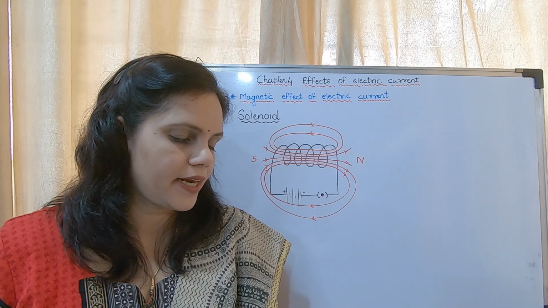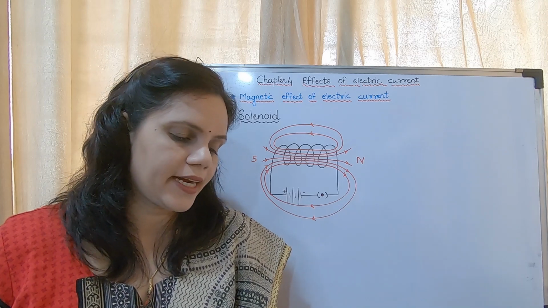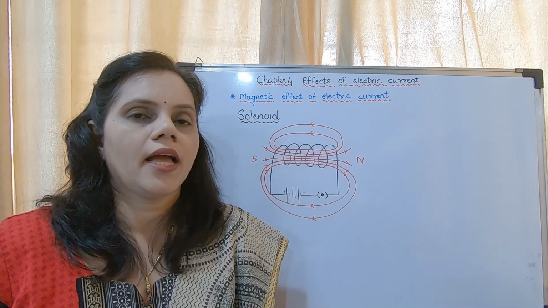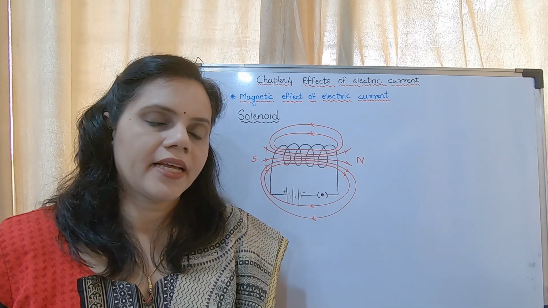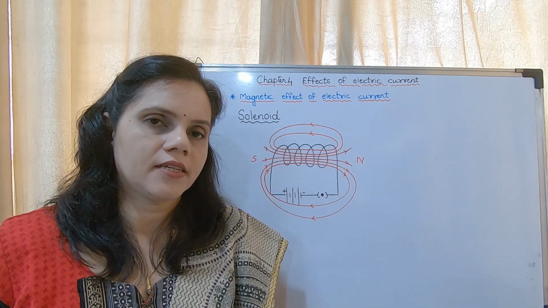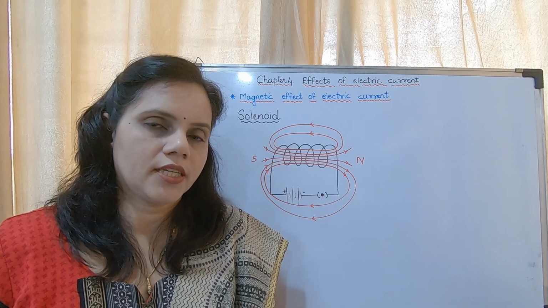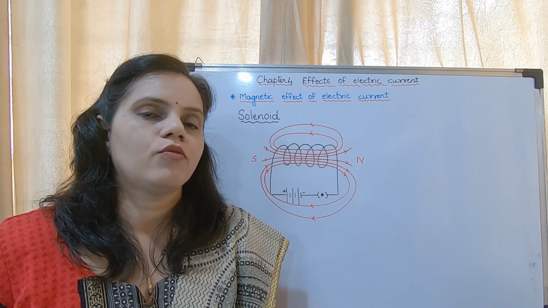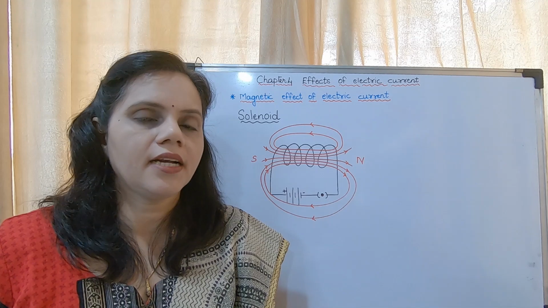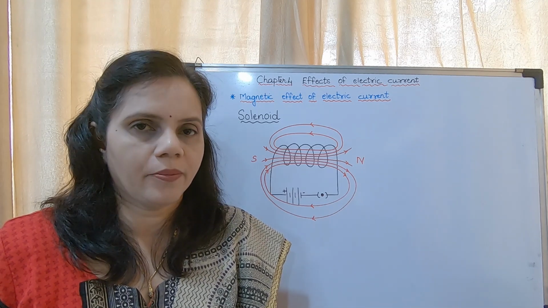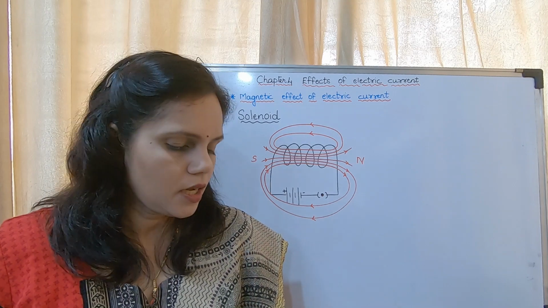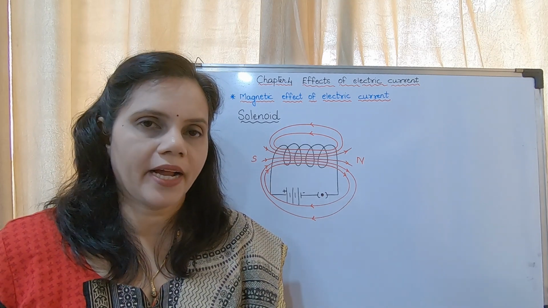One end acts as magnetic south pole and the other end acts as magnetic north pole. The magnetic lines of force are parallel to each other inside the solenoid. It means that the intensity of magnetic field is uniform. This much is very important from that part.